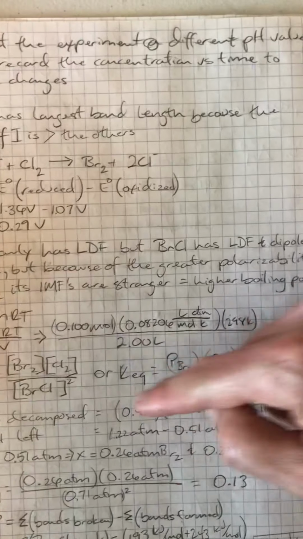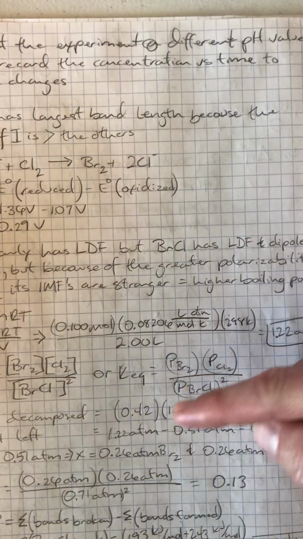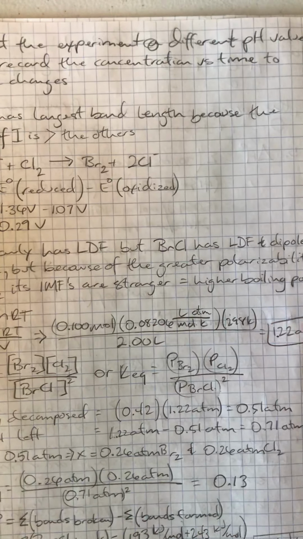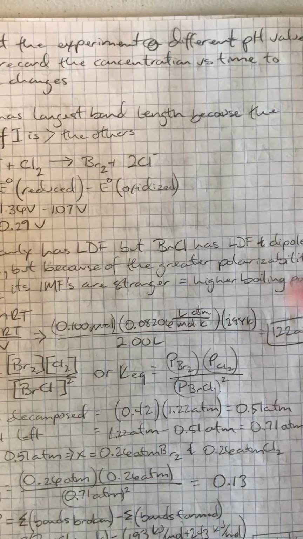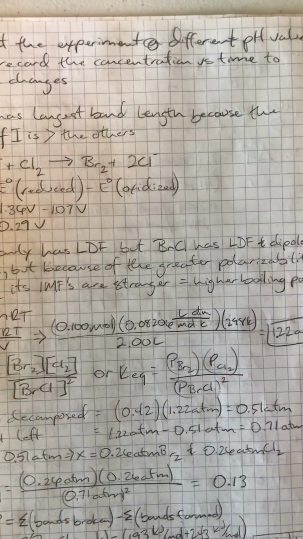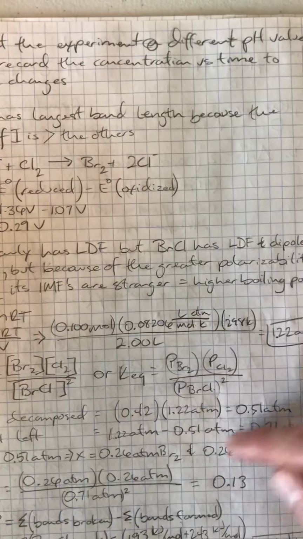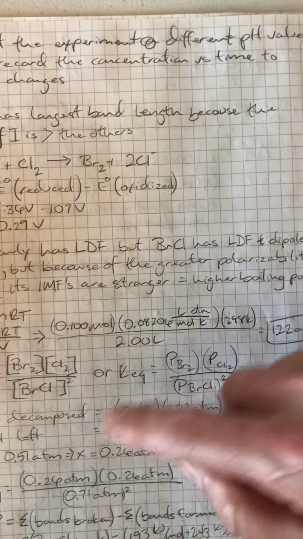So you have your decomposed amount: 42% of the original, 0.42 times this value gives you 0.518 atmospheres. And you find out how much bromine chloride you have left. 1.22 minus that value gives you 0.71.